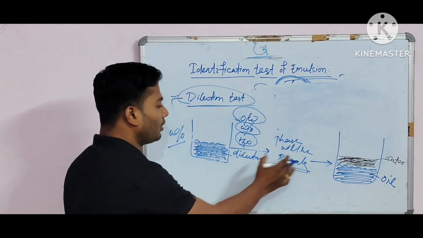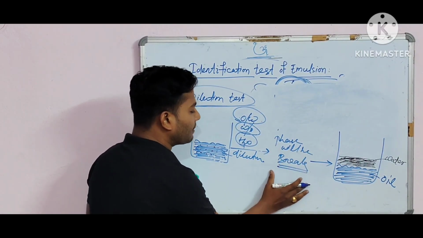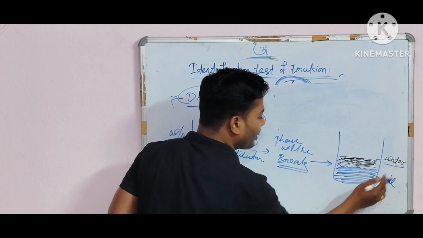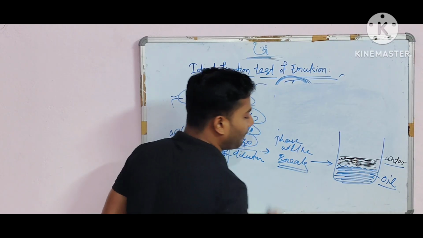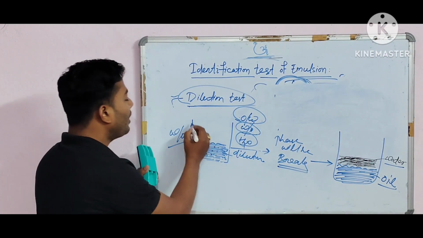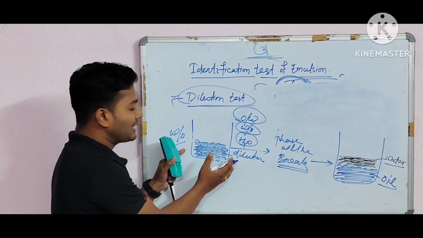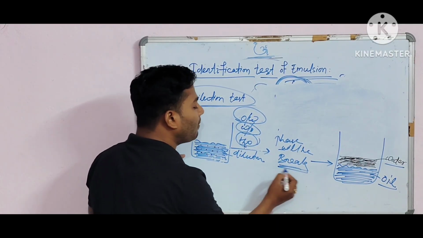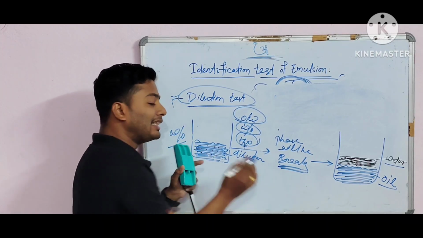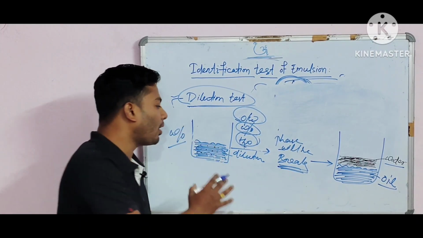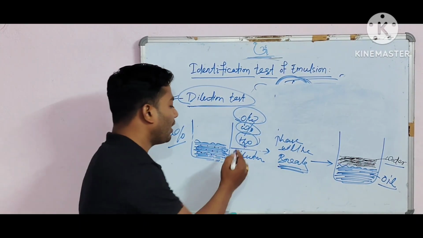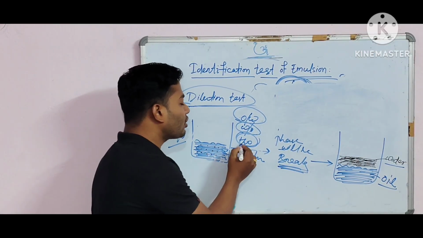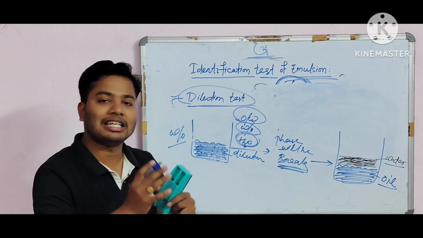Let's see. After phase break, it separates. This portion is known as the water phase and this part is known as the oil phase. Clear? So how is it possible? Now I don't know which type of emulsion is there. After dilution with water, if the phase breaks, then that amount of gum is not sufficient to show its action on adding the water, and in this case water is the dispersed phase.